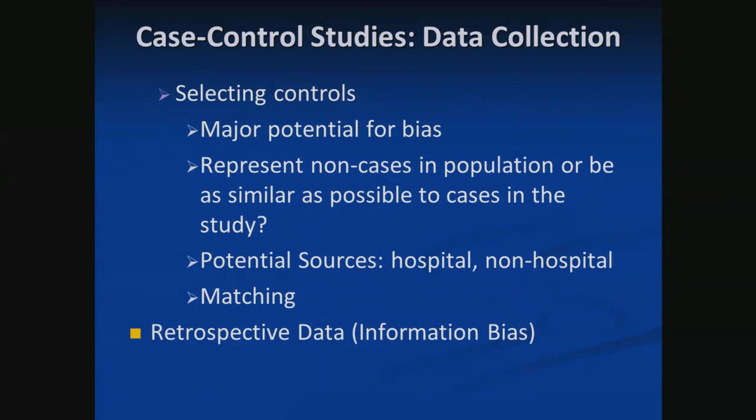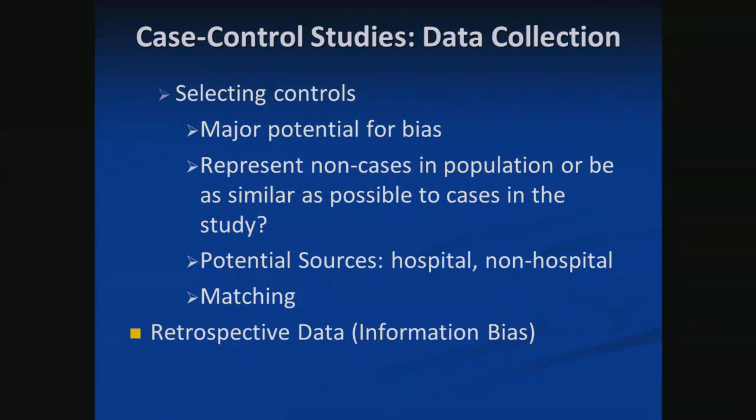So when thinking about who your controls should be, should they represent non-cases in the population or be as similar as possible to the cases in the study? Let's say your cases are lung cancer and your exposure is smoking. Do you want your lung cancer cases to be as similar as possible to the rest of the population out there, but just not have lung cancer?